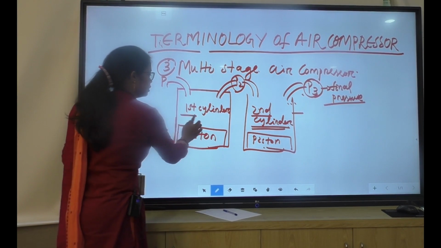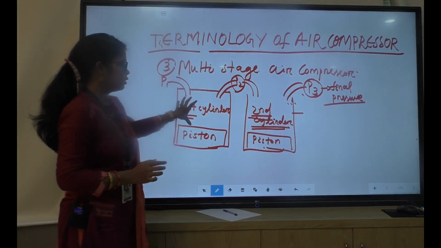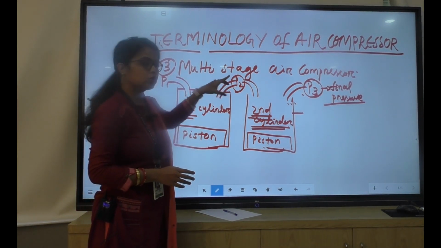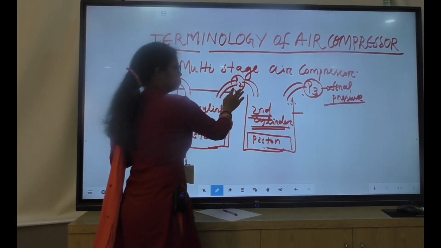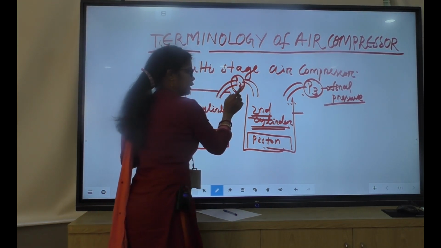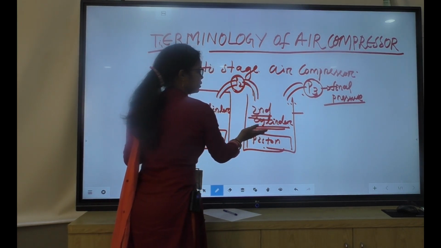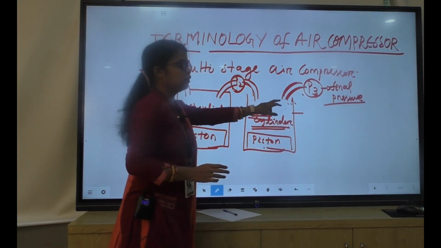This is the first cylinder, this is the second cylinder. In the first cylinder we are maintaining a particular pressure ratio, compressing up to a certain pressure, and after the compression the air at P2 pressure will enter the second cylinder, and again it will be compressed to P3, that is our final pressure.